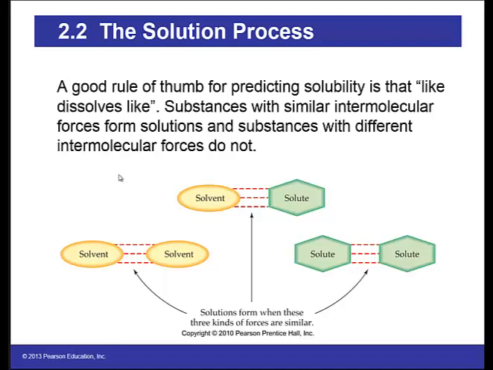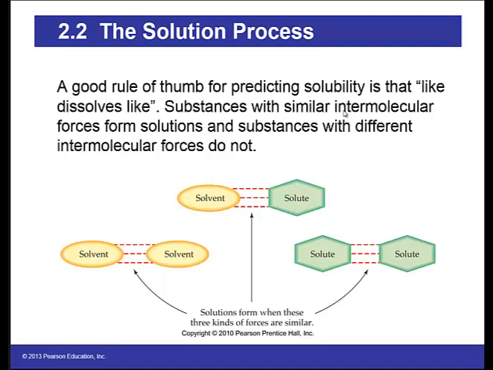Largely when we're talking about these intermolecular forces, we're talking about polarity. Our polarity spectrum ranges from very nonpolar molecules to very polar molecules, which at the very end are ionic in nature. So you're going from something with no charge to something with charge.